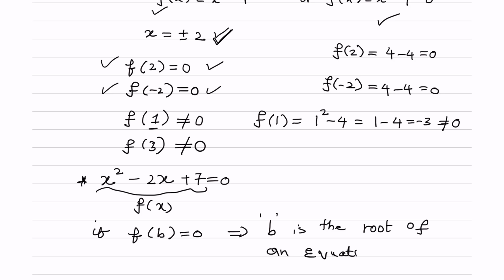Which equation? x square minus 2x plus 7 equal to 0, or f of x equal to 0, because we are calling this thing as f of x.